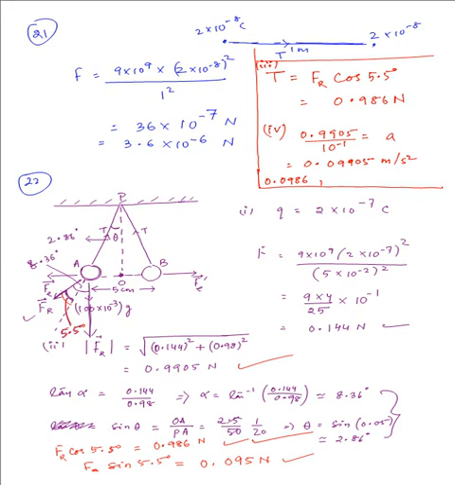This is wrong. 10 will be multiplied, because 10 raised to the power minus 1 is in the denominator. So this is 9.905. My bad. And this will be again 9.86 instead of 0.986. Let me write that clearly. So that component will be 9.86 meters per second square.